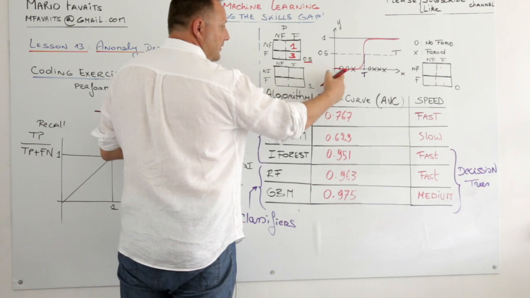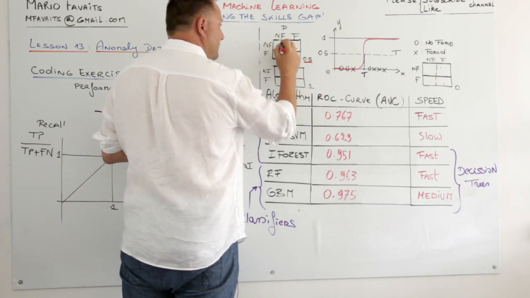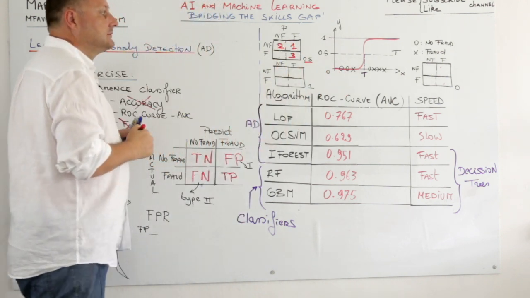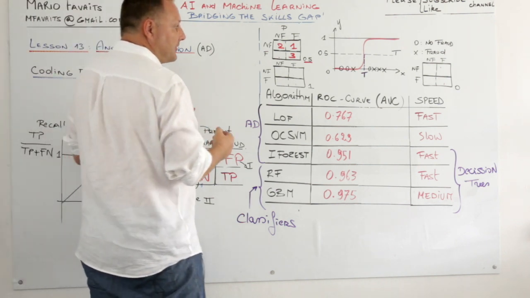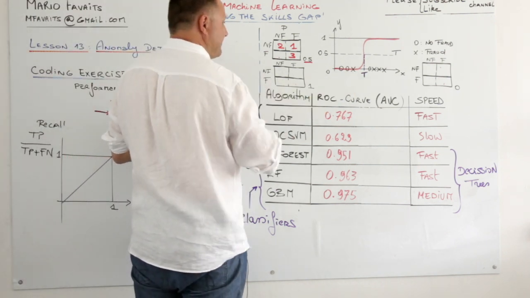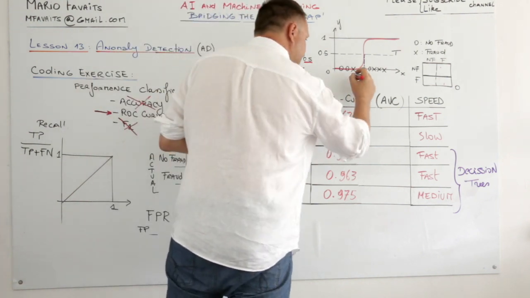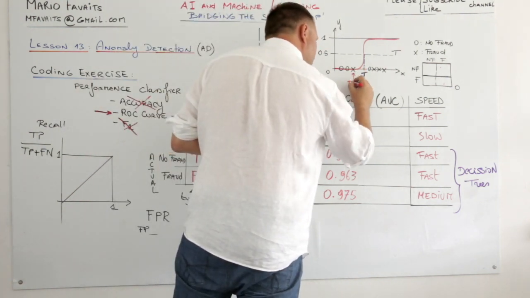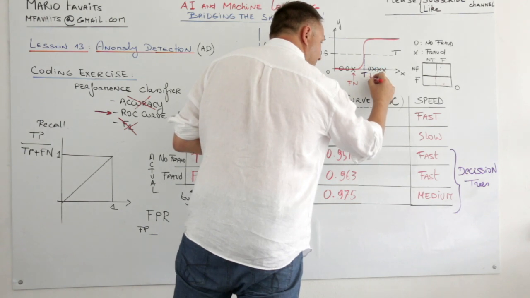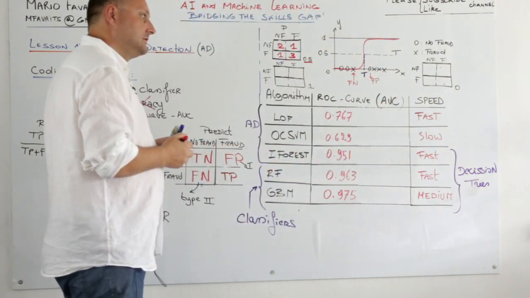So true negatives is 2. And automatically I'm going to have 1 false negative, which is this one. So this is a false negative, and this is a false positive.